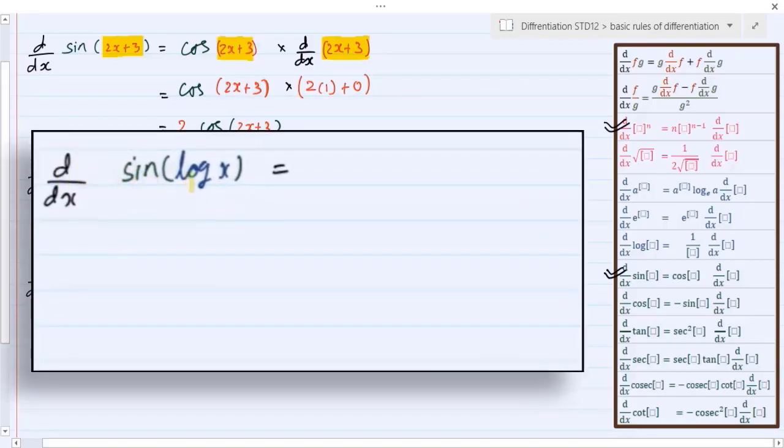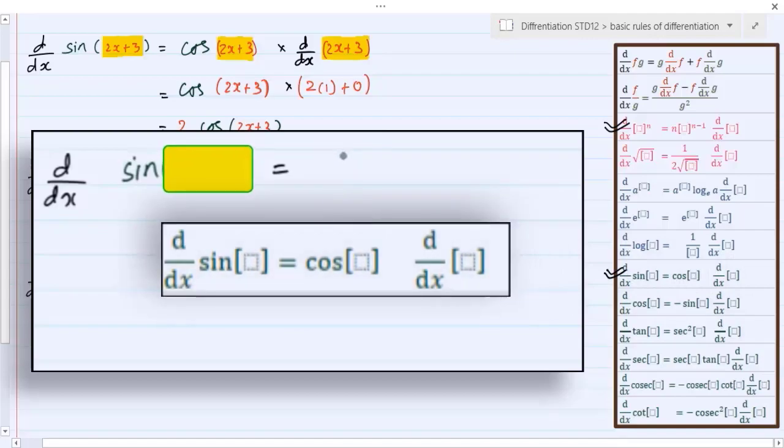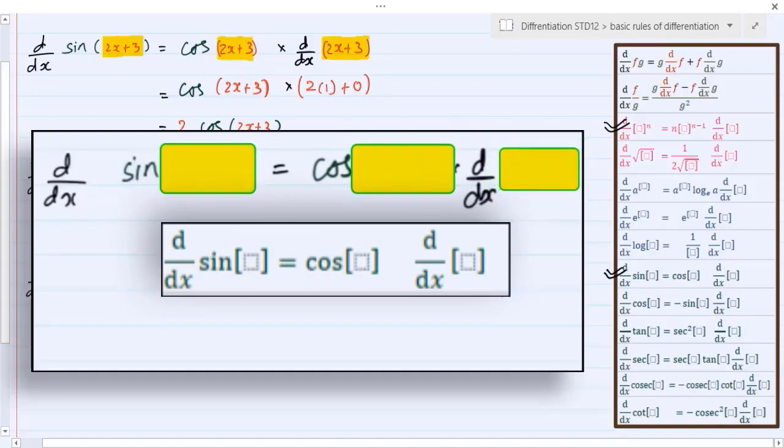We have to differentiate sin(log x), and you should observe that sine is the outer function and log x is the inner function. So we will consider log x within the box. We just have to focus on differentiation of sine box, which is nothing but cos box into differentiation of box.